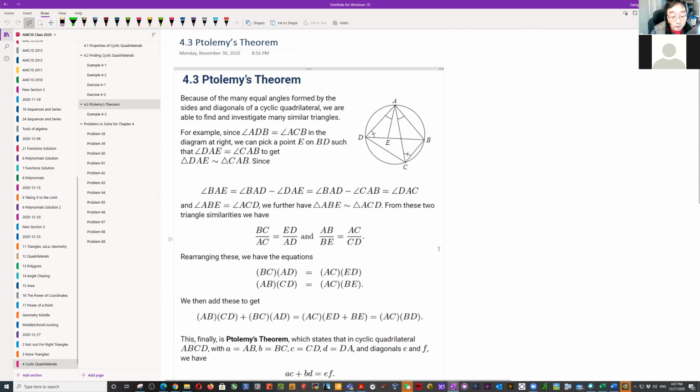And finally, we come to Ptolemy's theorem.